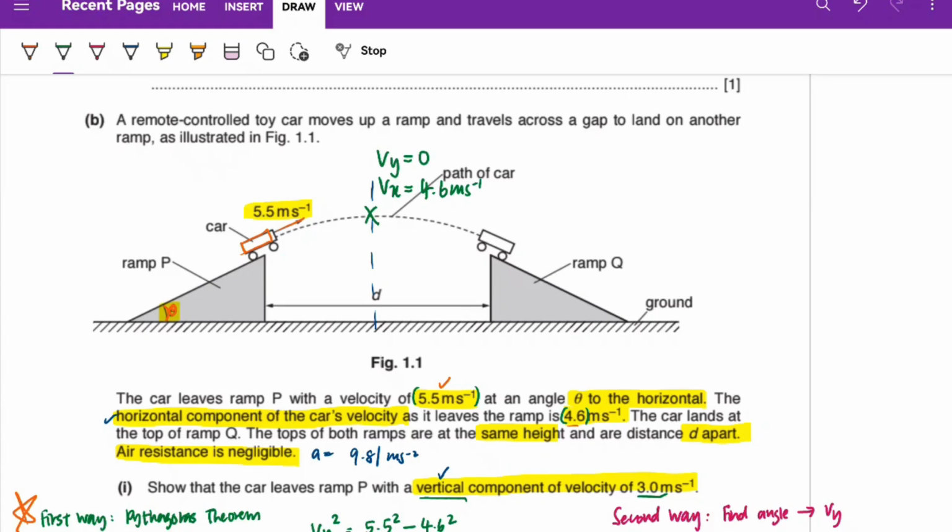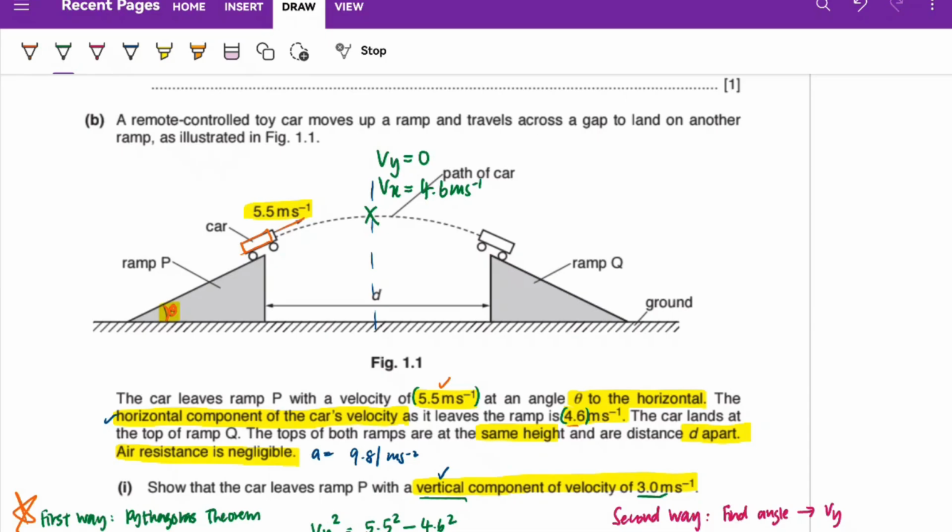Why? Because there is no external force acting horizontally. Therefore, the horizontal component of the car's velocity will remain constant. However, the vertical velocity now is 0. It will change throughout because there is force, which is the gravitational force.